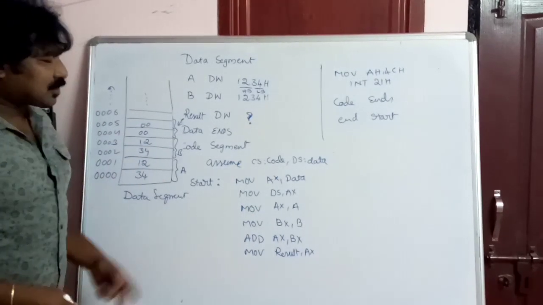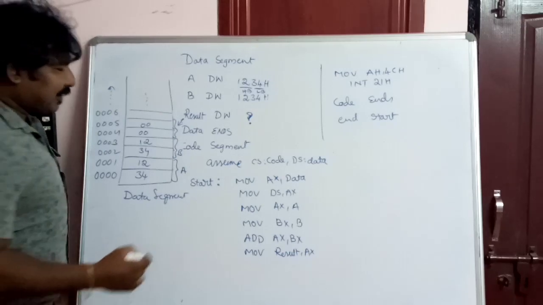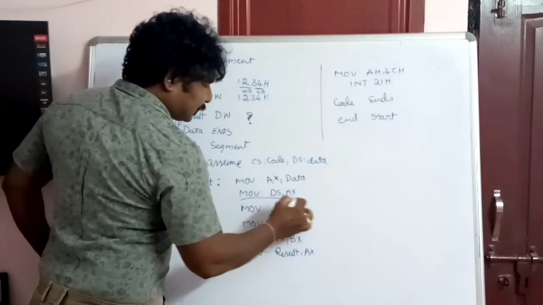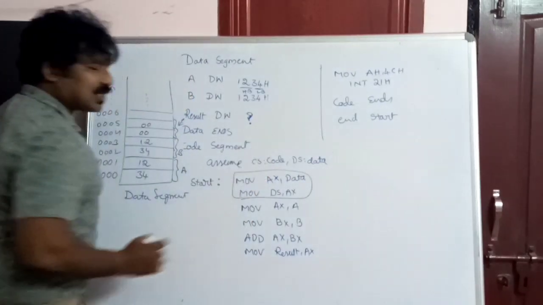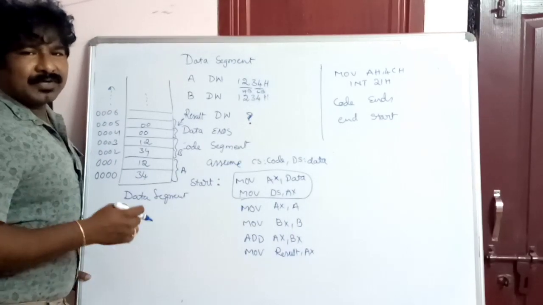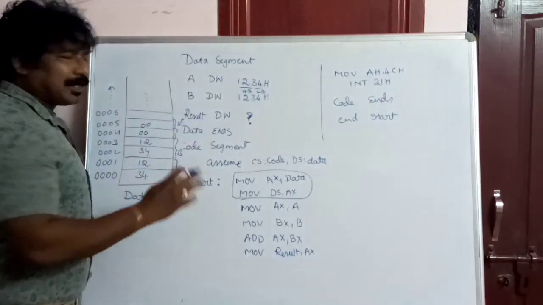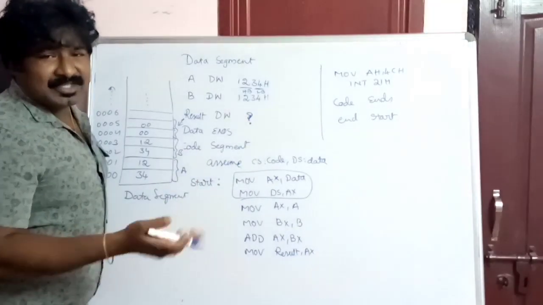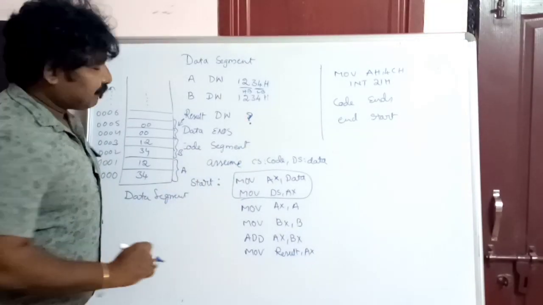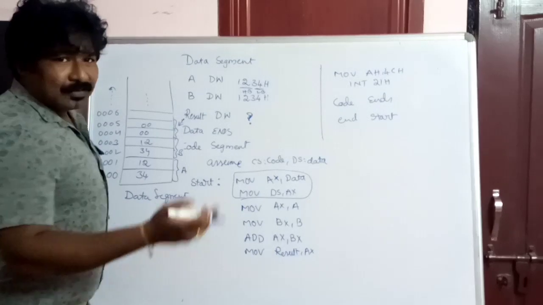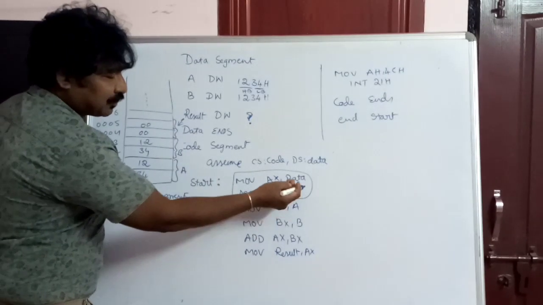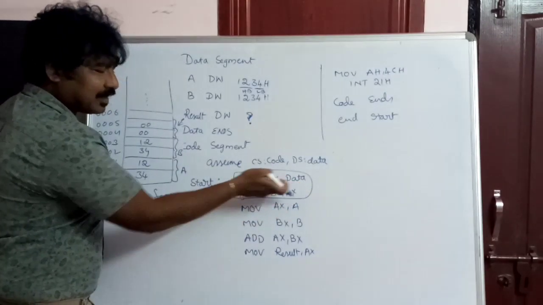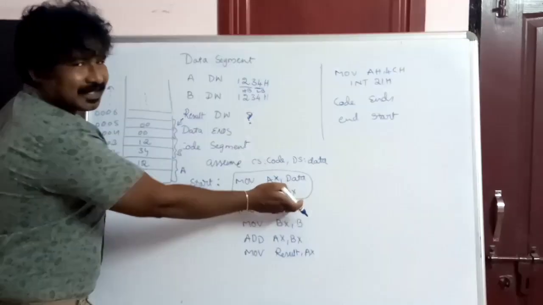So what happens when we execute this program? These two lines are called initialization of the data segment. In order for your assembler to access these values, you need to initialize your data segment, otherwise you cannot get those values. Here we have retrieved the segment base address of the data segment into AX, then AX value into DS.